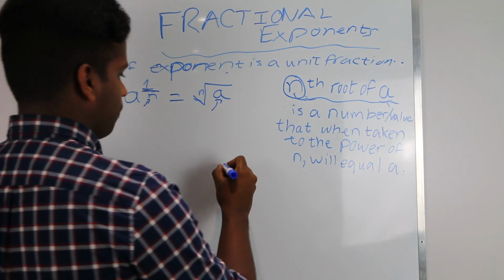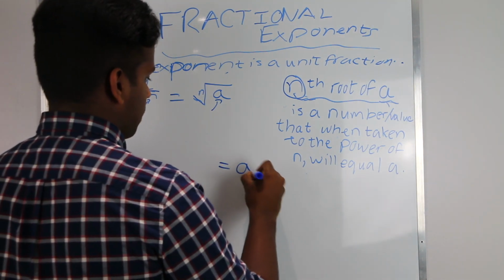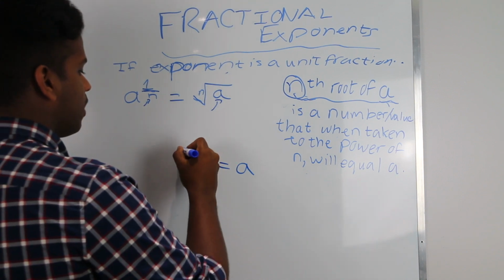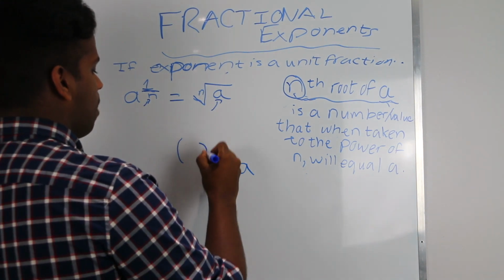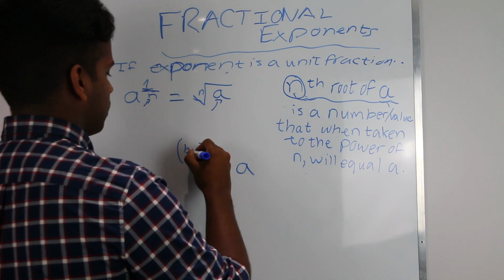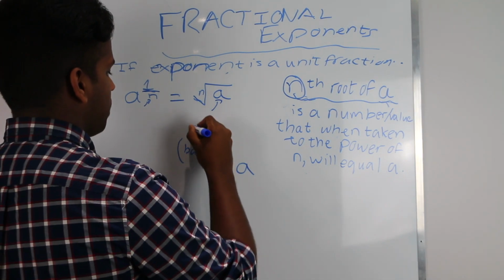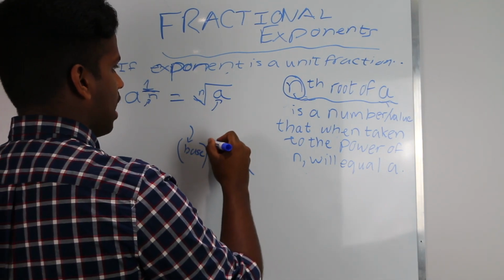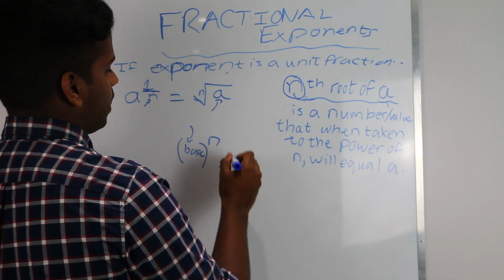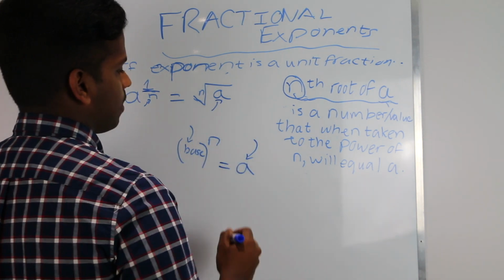In an exponent problem, we would have a base, an exponent, and a result on the other side.